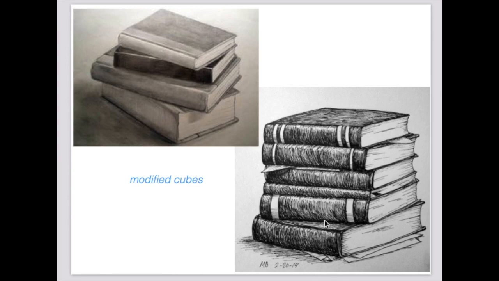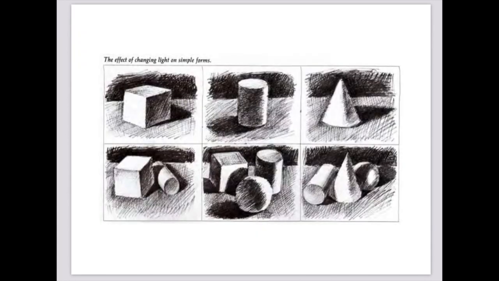So in this example here, it's a little bit of contour network, right? To create the tone on these books. So these are a little rougher than some of the other examples, right? Some cross-hatching going on, and that's fine.